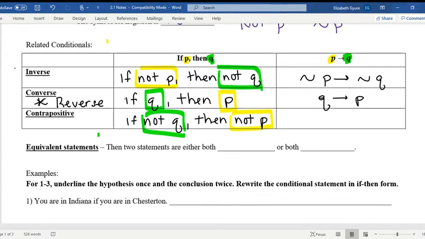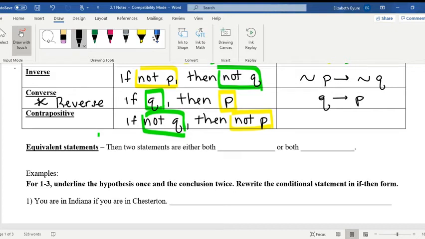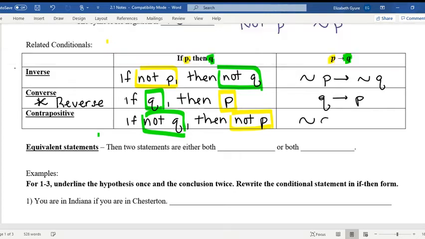So if we are not going to the beach, then it is not sunny out. So you reverse them and make it the opposite. And our shorthand would be our squiggle, Q, then our arrow, squiggle, P. If we are not going to the beach, then it is not sunny out.